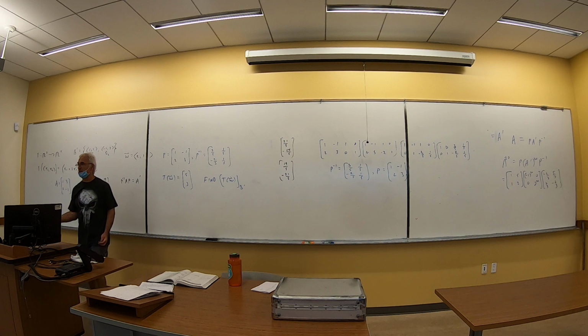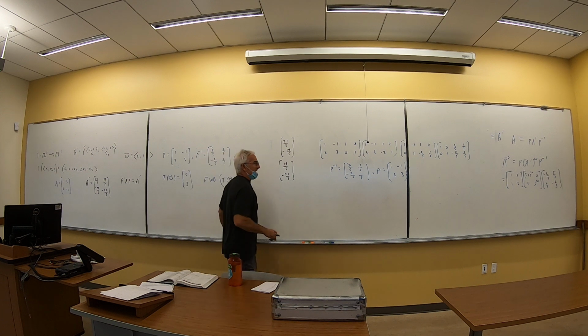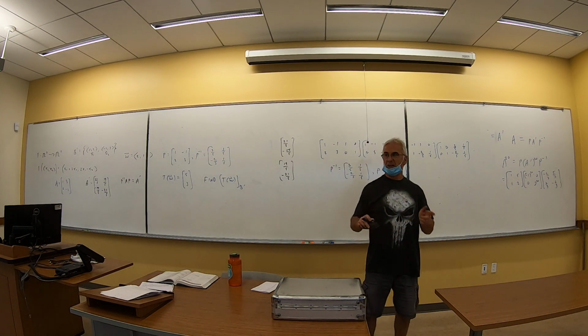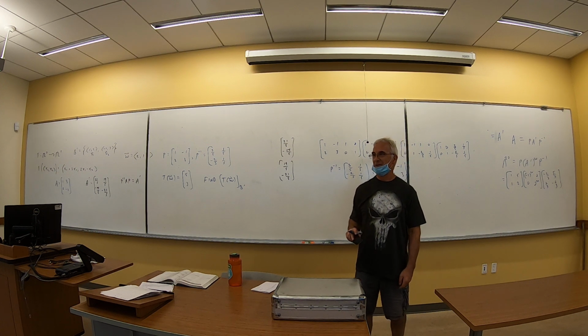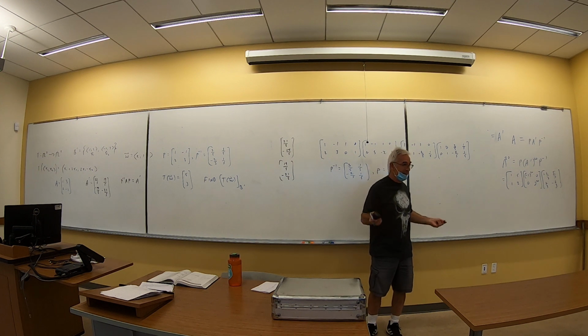And by the way, because we're in R2, that's just not that hard, is it? Is there another way? How about if I multiply by P inverse? Why is that going to be the easiest way at this stage of the game? Because we already have P inverse. I already got it. I might as well use it.